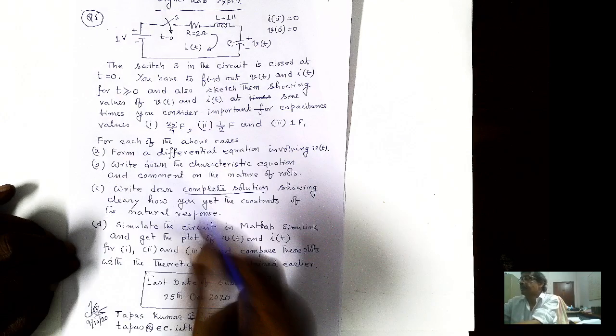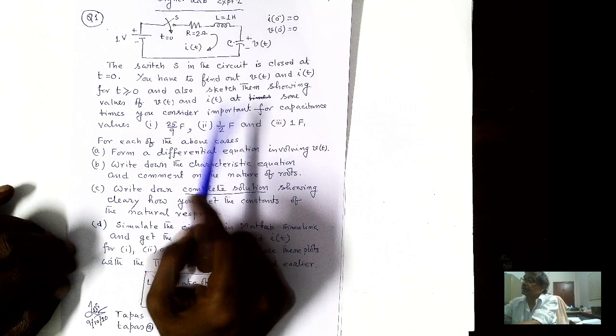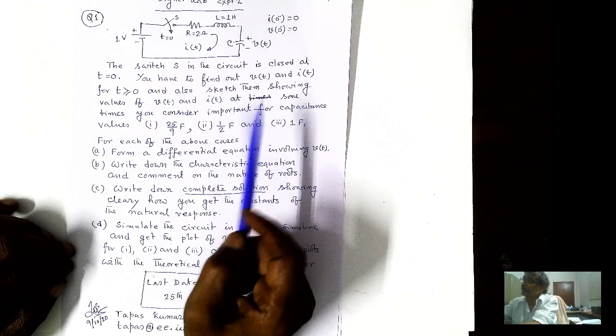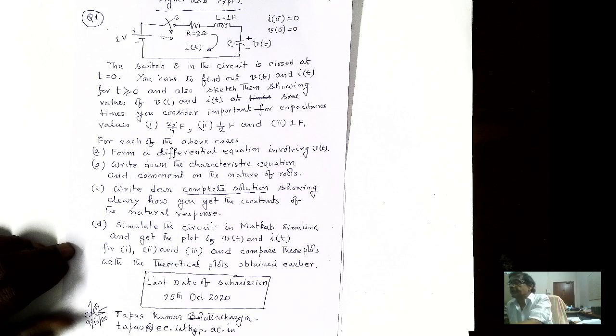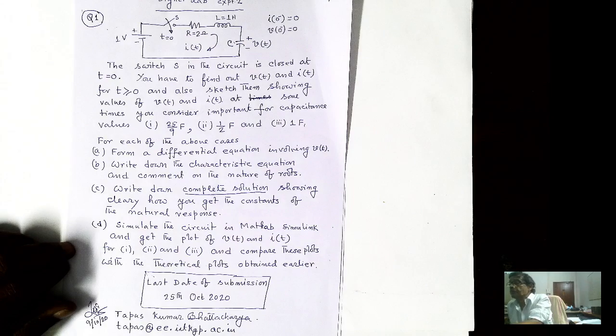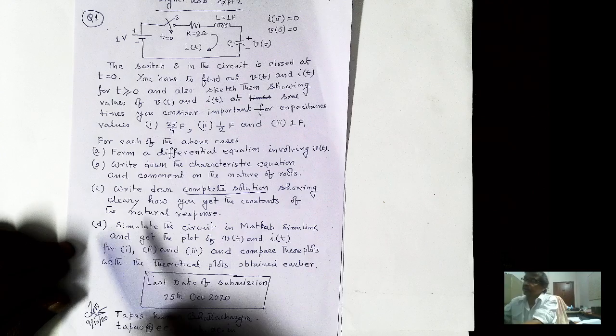Write down the governing equation, then write down the characteristic equation, find out the roots, and then write down the complete solution.